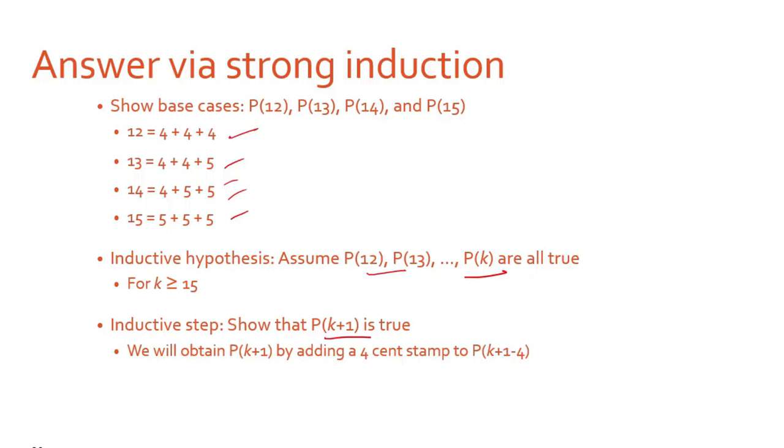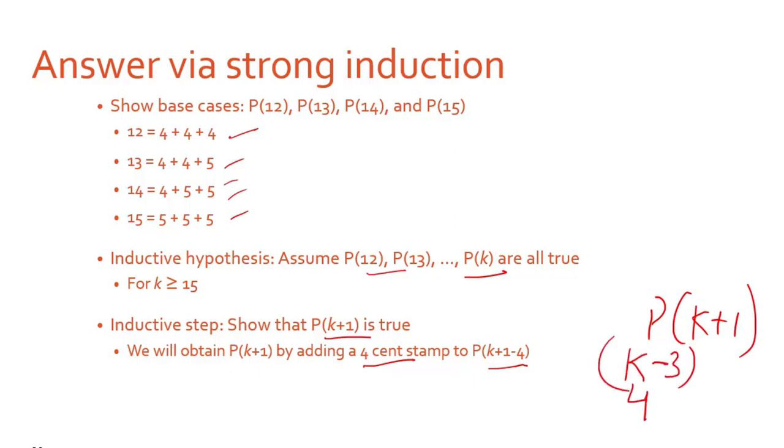P of k plus 1 will be true when we add a 4-cent stamp to P of k plus 1 minus 4. It means we are forming the amount k plus 1 by adding a 4-cent stamp to the amount k minus 3.